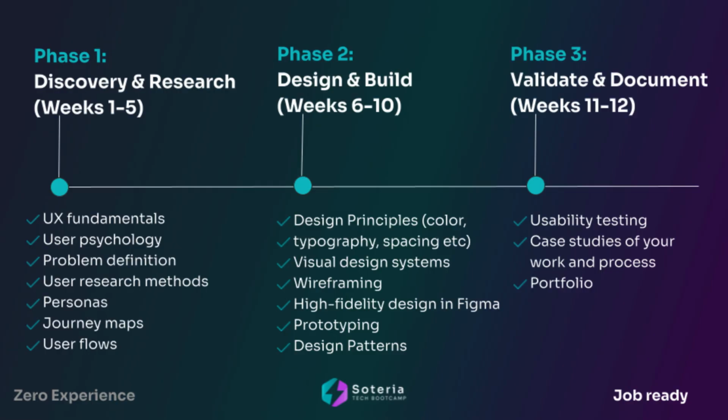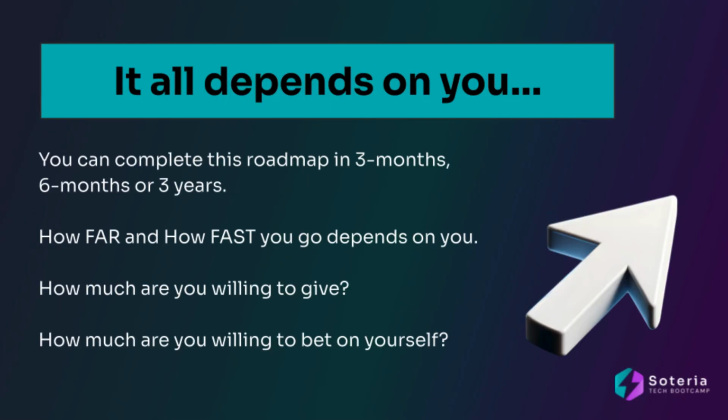Secondly, you need to consider that despite this roadmap looking like this, and I put the weeks in there to try to break down what that would look like, the truth is that how long it takes really depends on you. I know people that have been learning product design for years now. Every time I ask them, they're taking courses, and it's probably like 2 years, 3 years, they are still on it, right? So that journey can take you 3 months, it can take you 6 months, it can take you 3 years.